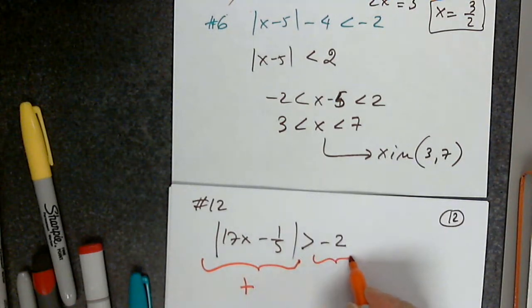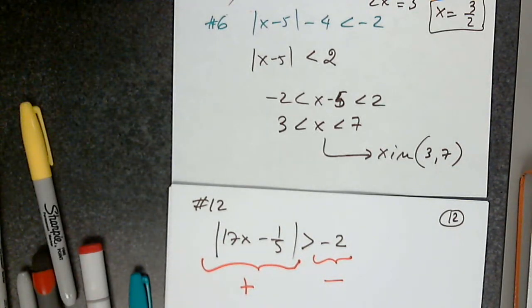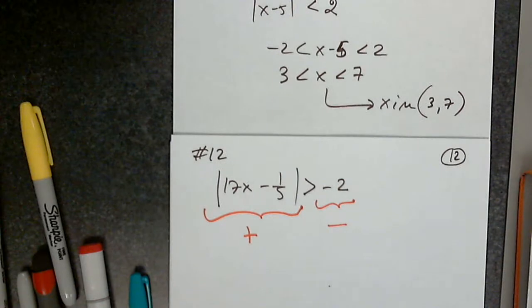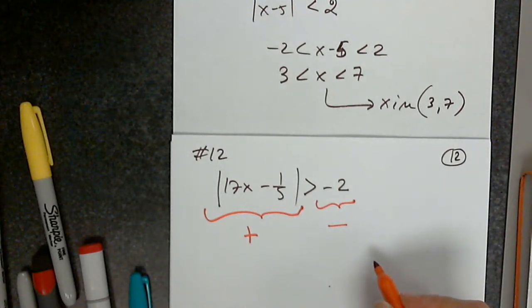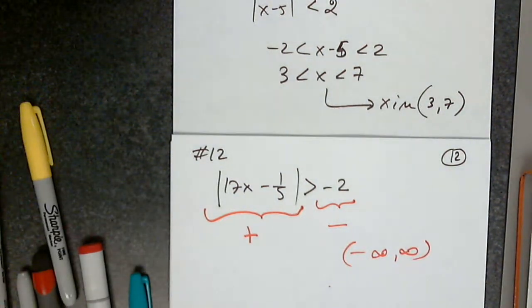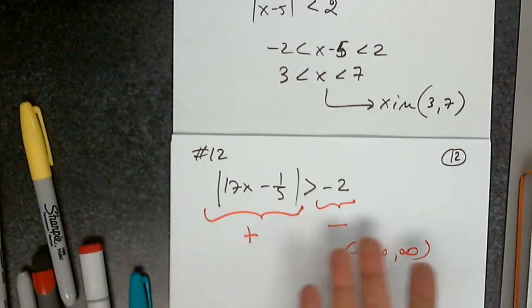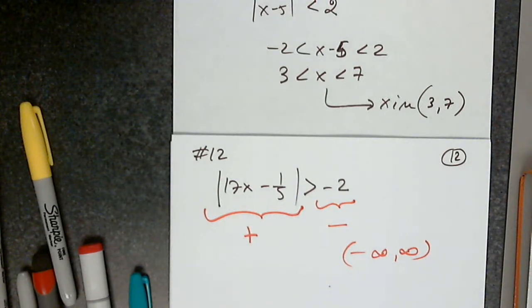What type of number is this? So I'm telling you that a positive number is greater than a negative number. Does that depend on anything? So how many solutions does this inequality have? All of them. No matter what you do, a positive number will always be greater than a negative number.